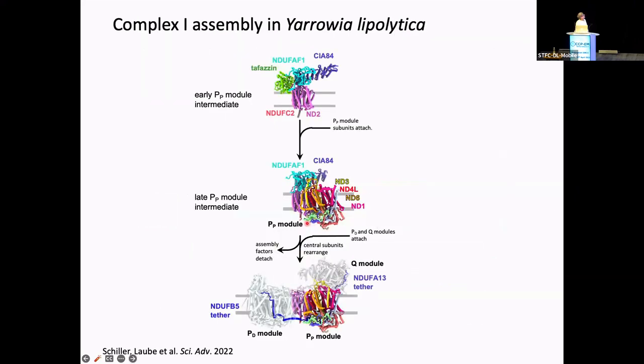So what we know now so far about the assembly is that we first start with the ND2 and the C2 subunits with their assembly factors. Then the rest of the PP module attaches.